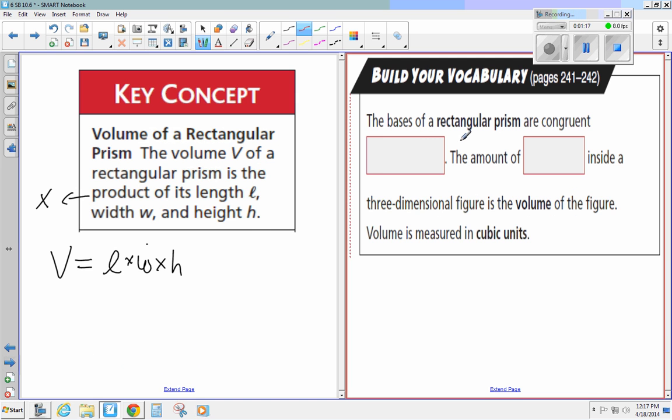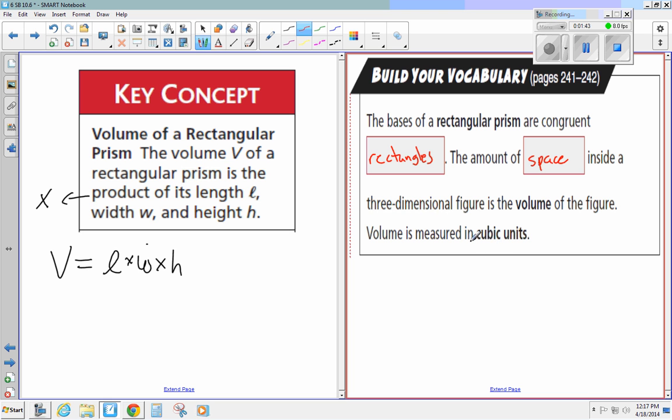So the bases of a rectangular prism are congruent rectangles. The amount of space inside a three-dimensional figure is the volume of that figure.